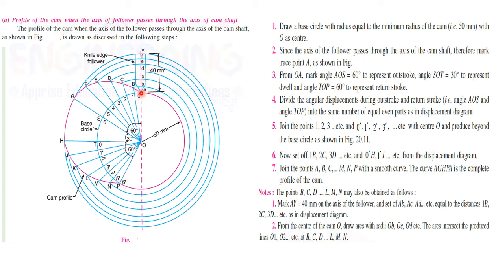Then we join the cutting points. Therefore we can see that is the profile of the cam. Here that is the very important procedure, how to draw the cam profile of given data for a knife edge follower.